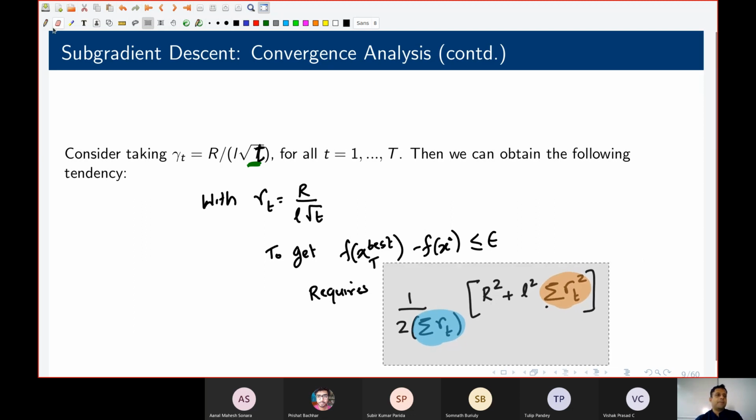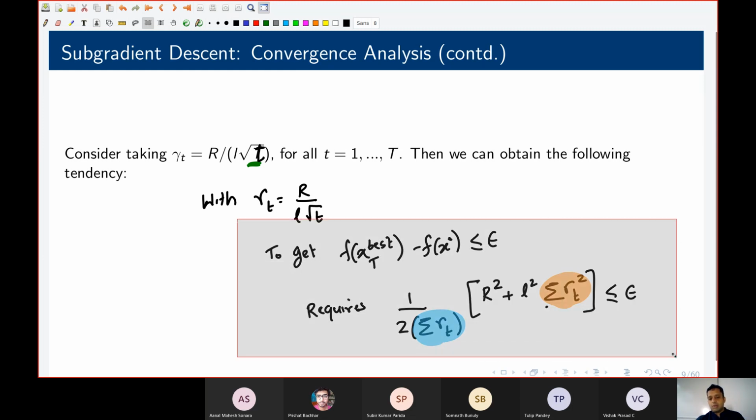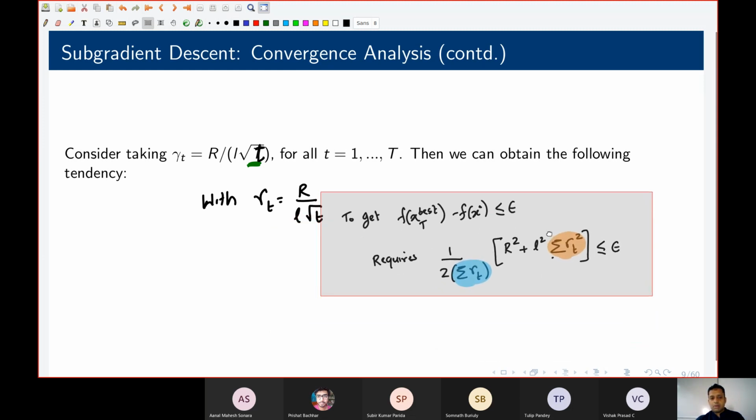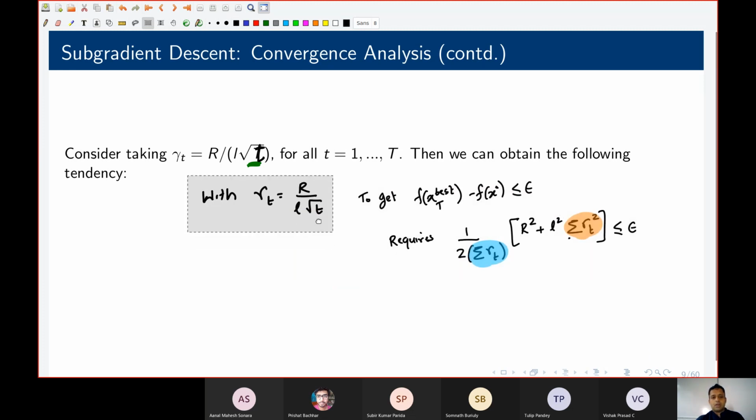This should be less than or equal to epsilon. And when is that going to happen?